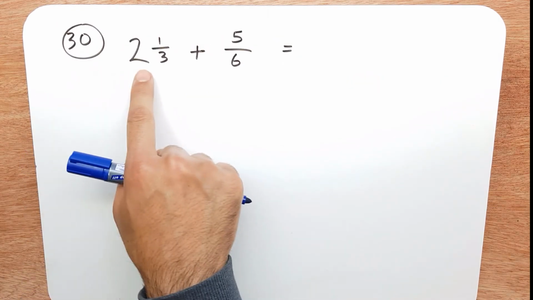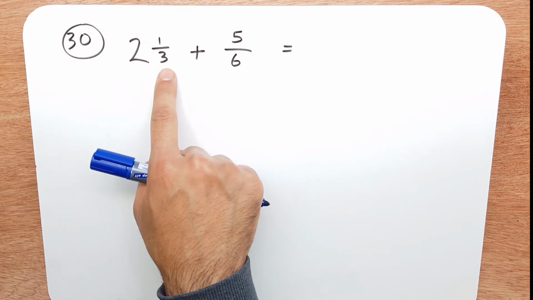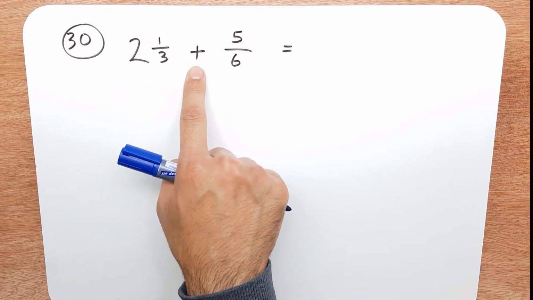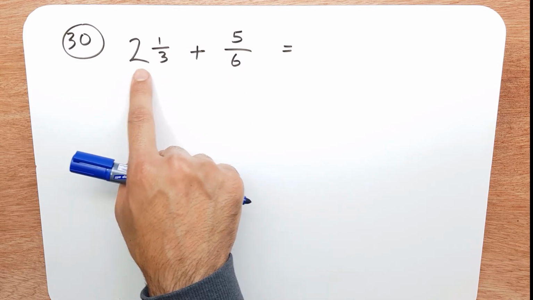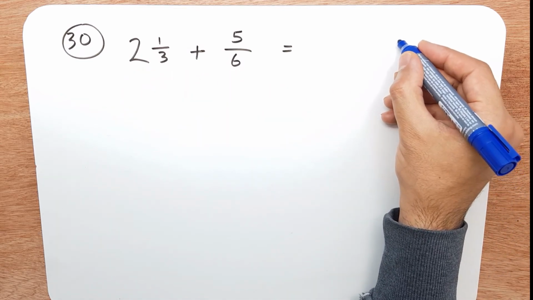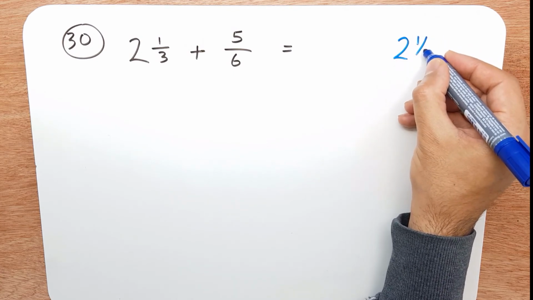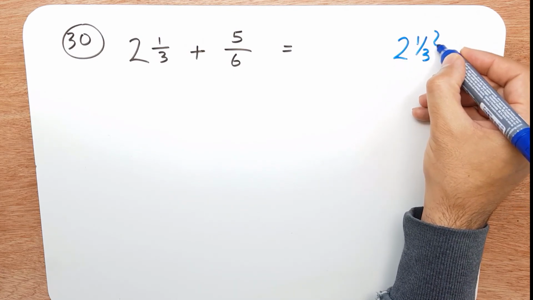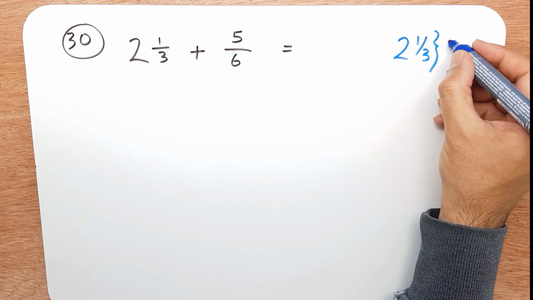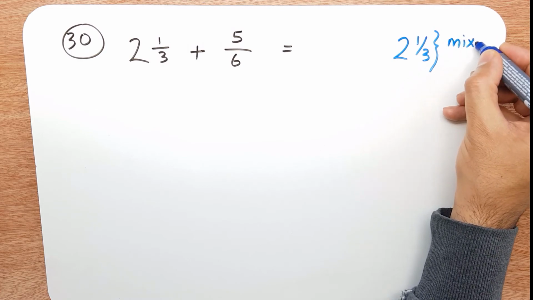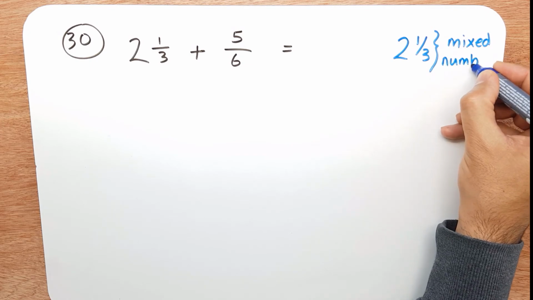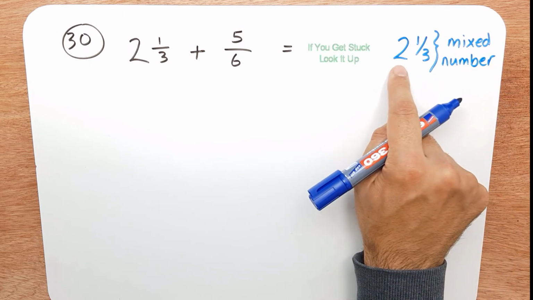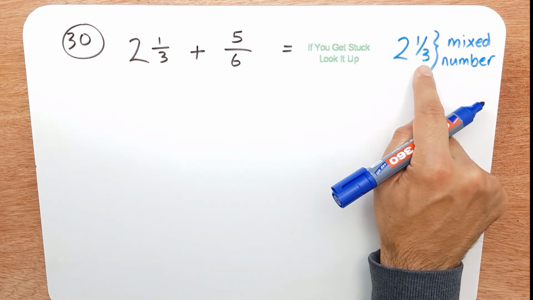Question 30. We're given 2 1/3 plus 5/6. So 2 1/3. Let me just write this here. 2 1/3. This here is called a mixed number because it's got the whole part and the fraction part.